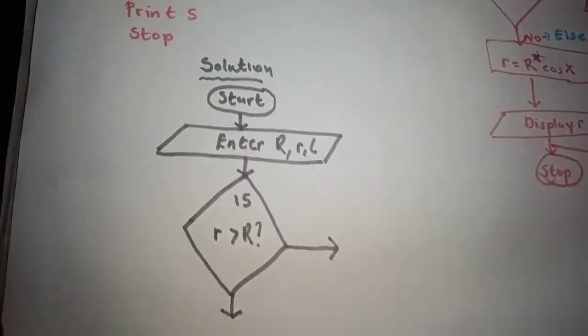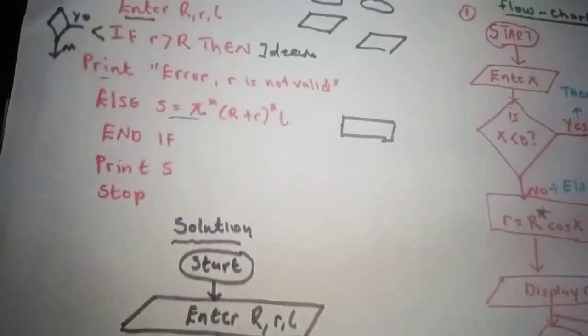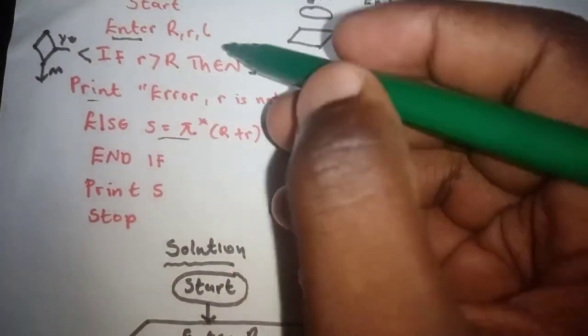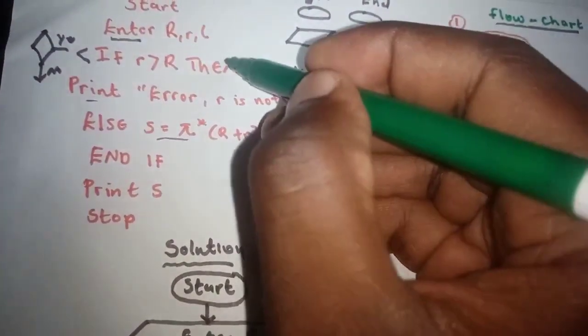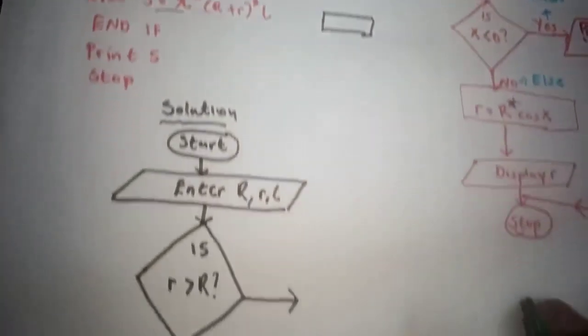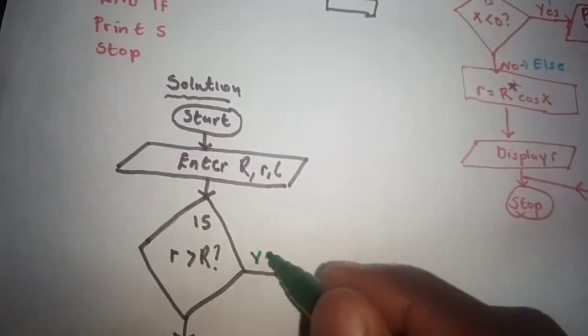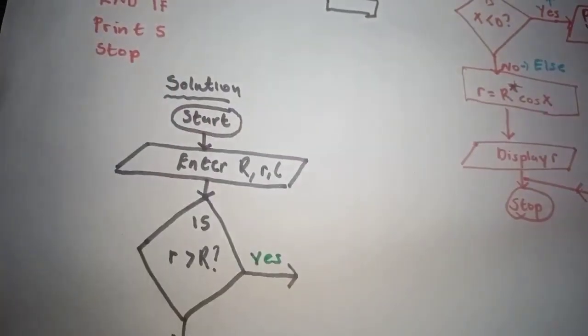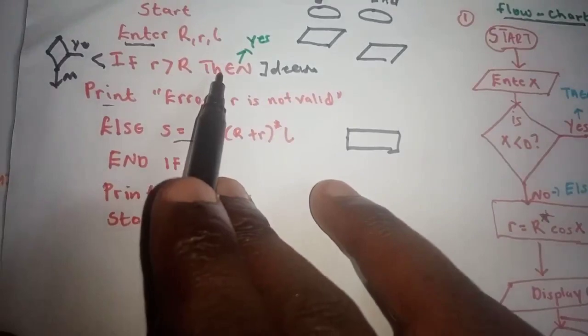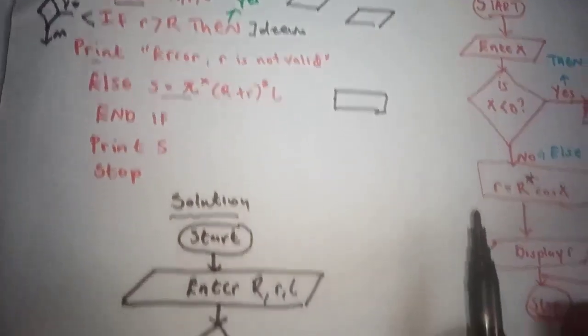Remember what we did. Here, then, if it's here, we change it to yes. So I'm going to put yes here instead of then. Then we print error, print error this side. We're just taking this sign, then, meaning yes: print error, R is not valid.